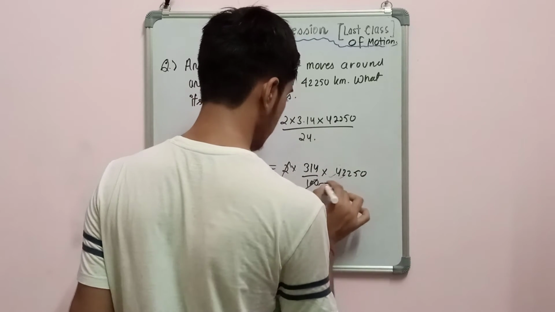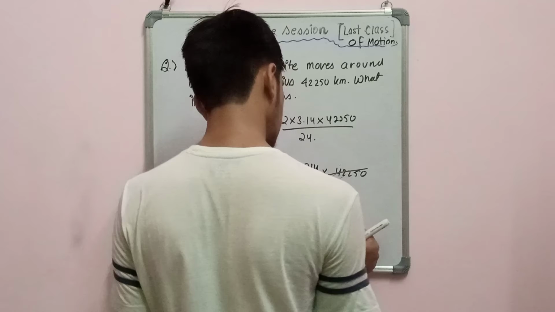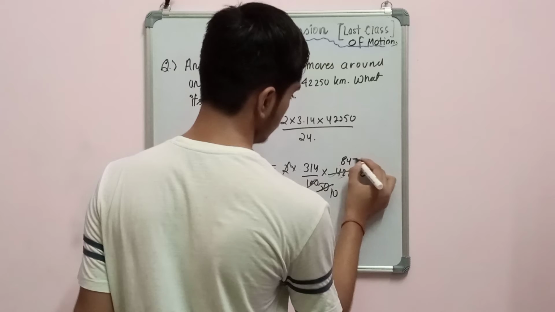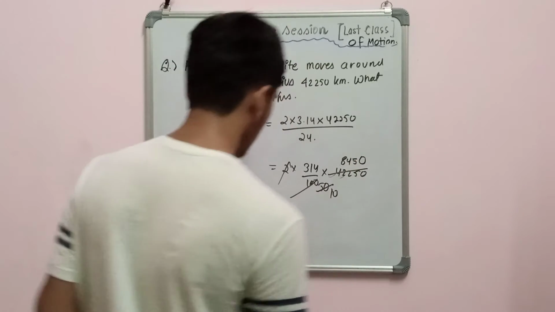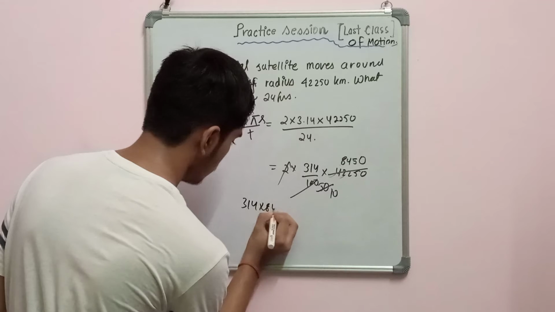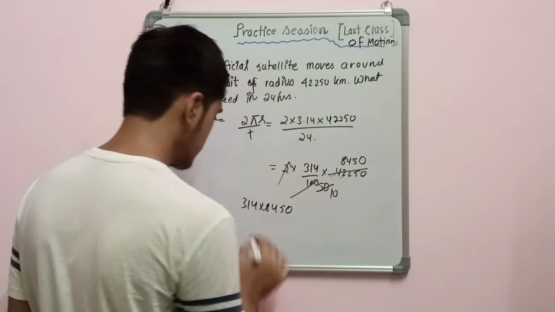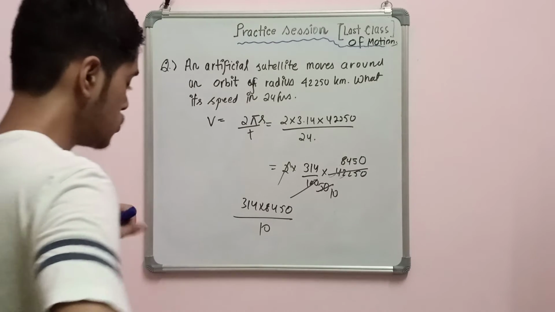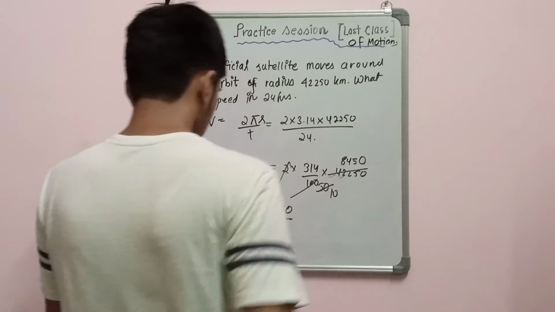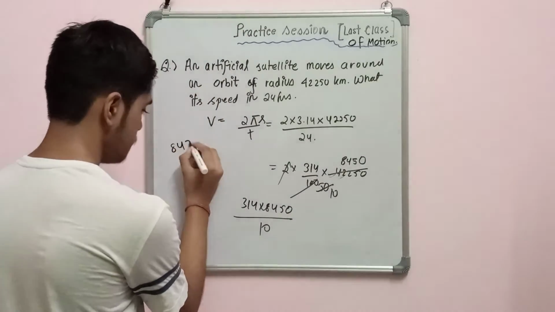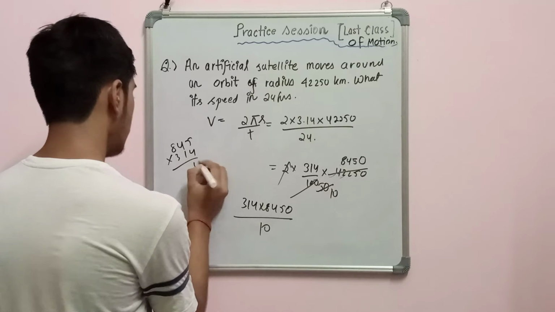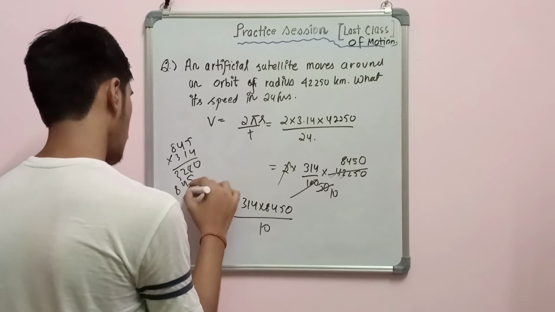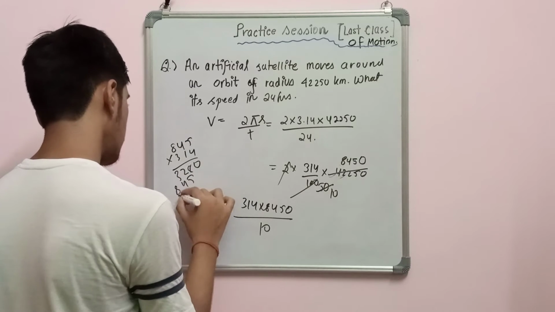So this is cancelled by 50 times. This gets cancelled by 5: 5 tens are 50, 5 eights are 40, 5 fours are 20, 5 fives are 45. So 8450. So this will be 314 into 8450, divided by 10. Now what will be the answer? 314 into 845: 5 fours are 20, 4 fours are 16, 8 fours are 32, and so on.